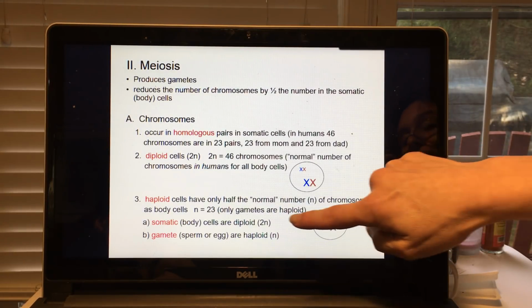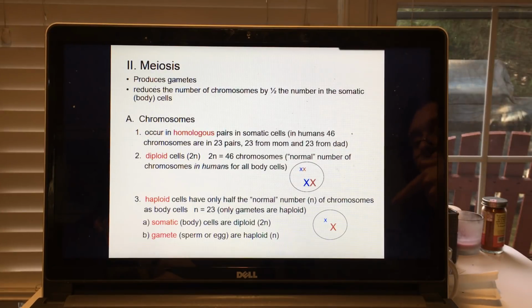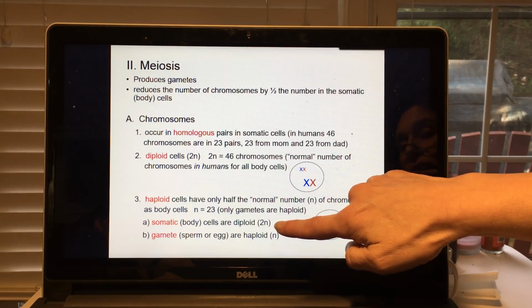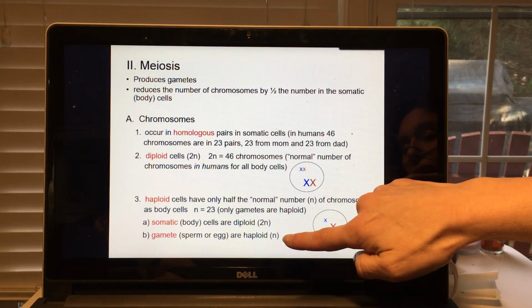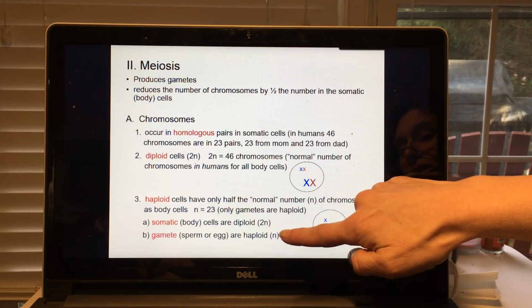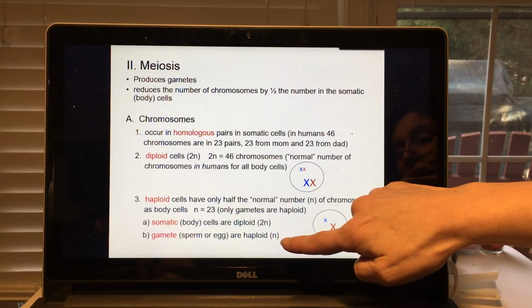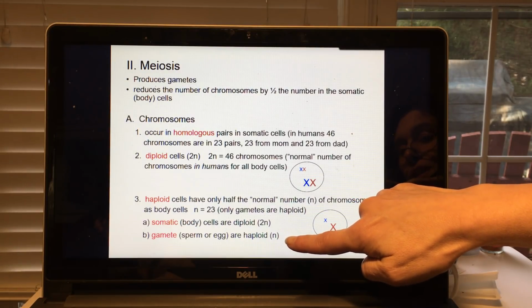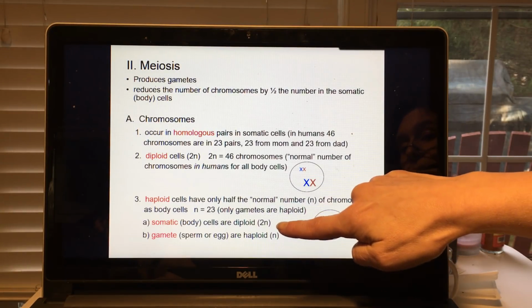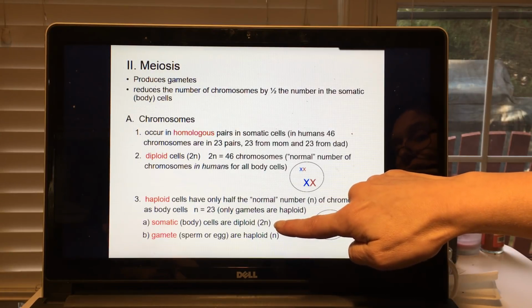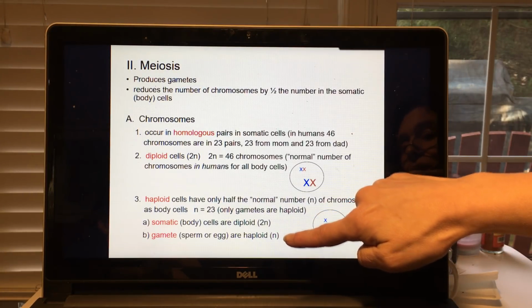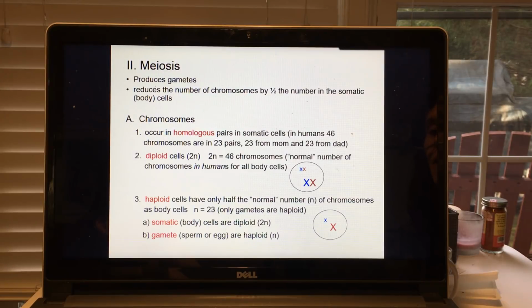Now, there is a mathematical version of representing this, and it's 2n for the diploid and n for the haploid. So whatever your haploid number is, you'd multiply that by 2. So in humans, there are 23 chromosomes in a sperm or an egg, and that means 2 times 23, 46 in the body cells. Now, you might be wondering, well, why didn't they use X or Y like typically is used in algebra?